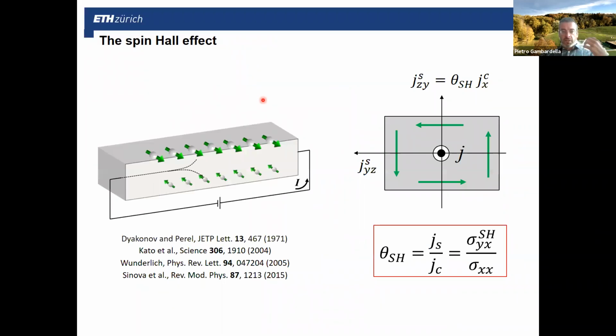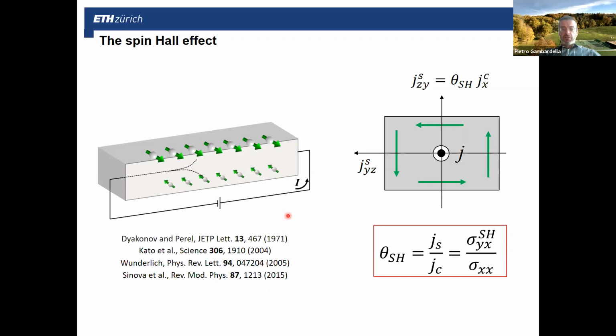So as a result of this transverse velocity, electrons are deviated towards the edge of the sample and accumulate there. So what you have is actually a spin accumulation, so a disproportionation of the number of spins at one interface with respect to the opposite one, right, without necessarily having a charge imbalance.